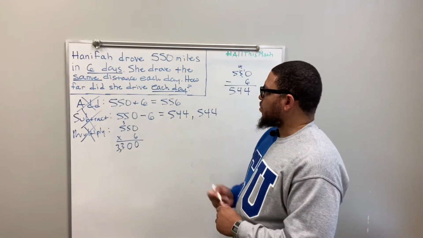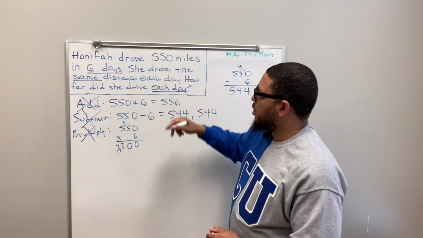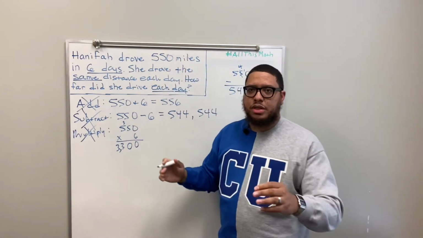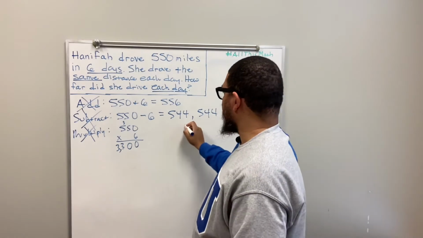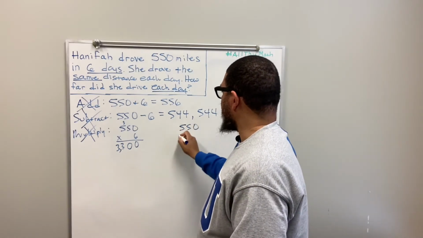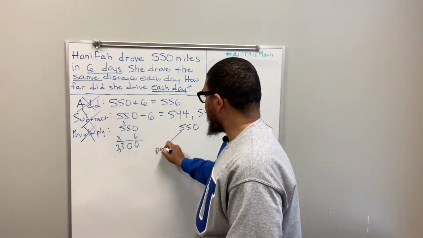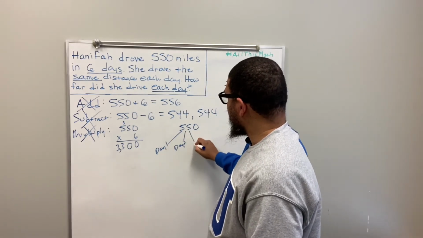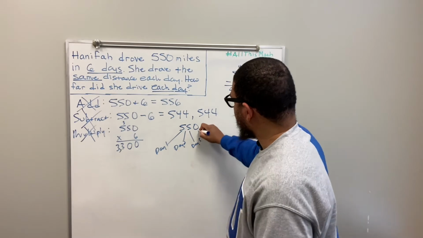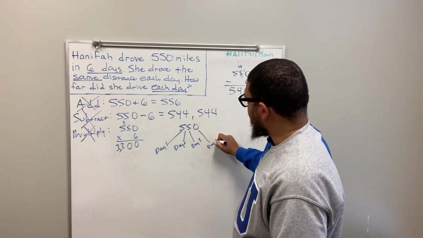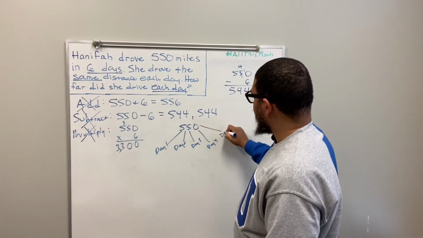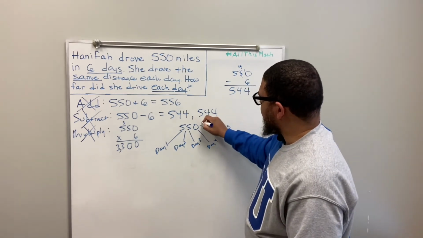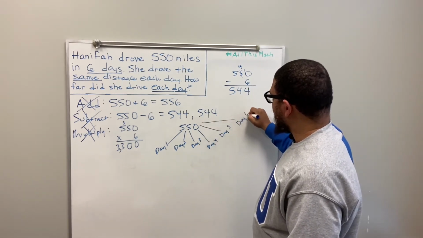So we want to take this 550 miles and we want to divide it up evenly, right? So you can think of it like this. 550, little bit, day 1. Some more, day 2. Some more, day 3. Some more, day 4. Some more, day 5. And some more on day 6.